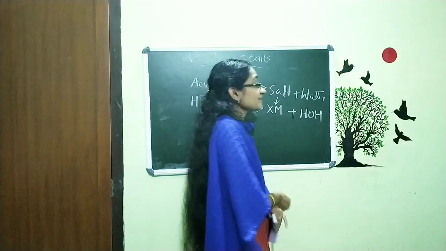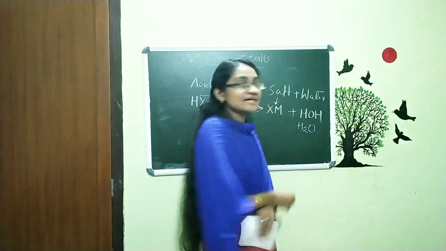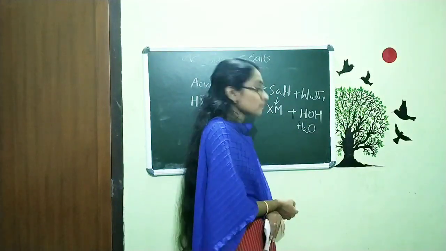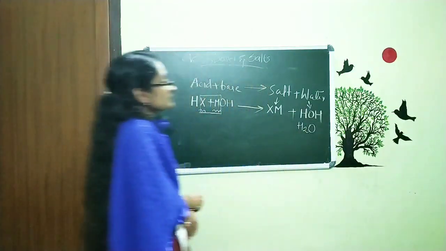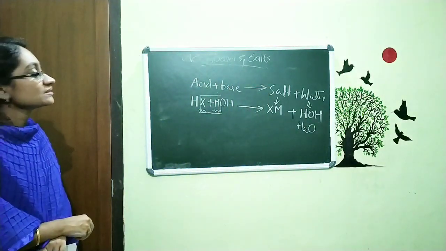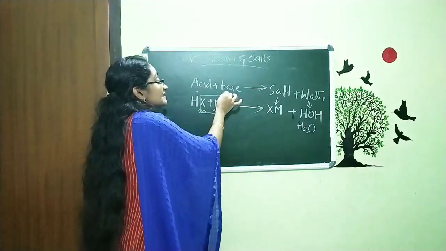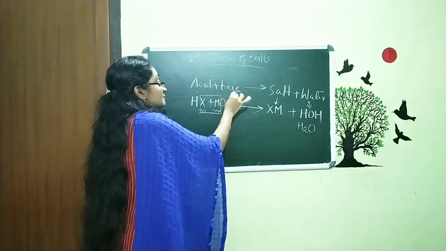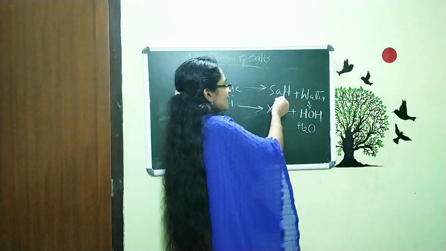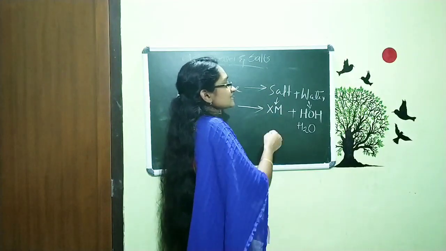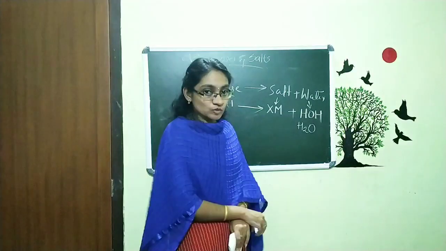And this HOH we can rewrite as H2O. And that H2O is water. So that means when the acid and base get reacted, they produce salt and water. Which is the salt? XM. And which is the water? This HOH, which combined together we can write as H2O.